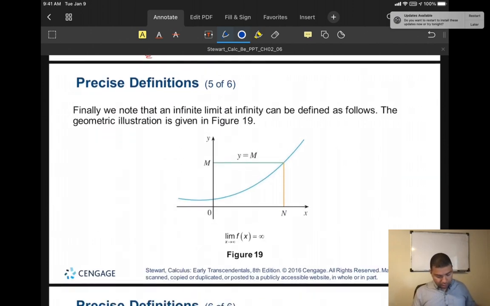And here's a visual representation of what's going on, of what happens when you're having infinite limits at infinity. So you want f of x to go beyond that horizontal green line, and you do that by making x go to the right of the orangish yellow line of n there.